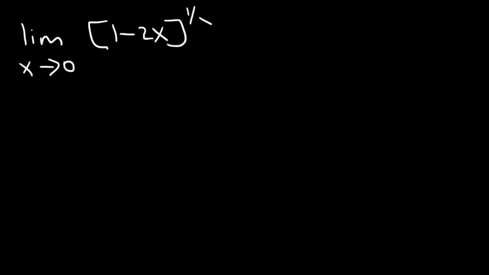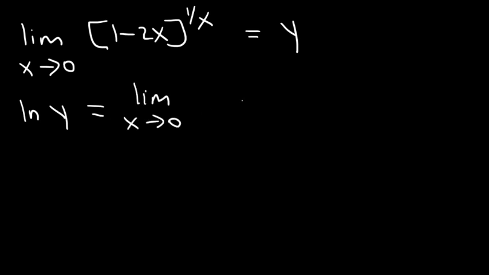Suppose I have limit x tends to 0, (1 minus 2x) to the power 1 by x. How to deal with this kind of question? Let us take this one as y, then log y will be equal to limit x tends to 0 log (1 minus 2x) whole to the power 1 by x.